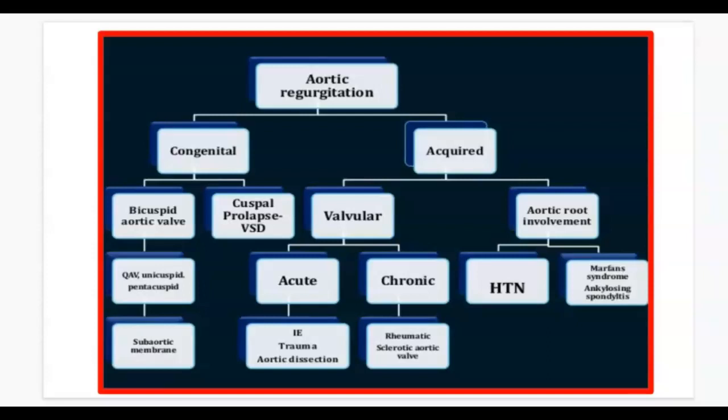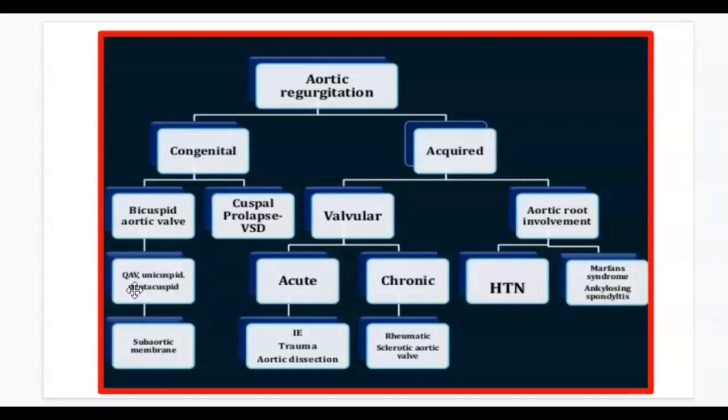So, with aortic regurgitation, as you can see, there are different pathways. If it's congenital, it's probably going to be a bicuspid valve. There's different other things you can see, but typically cuspal prolapse, VSD is associated with that sometimes, but typically a bicuspid valve is the main thing.